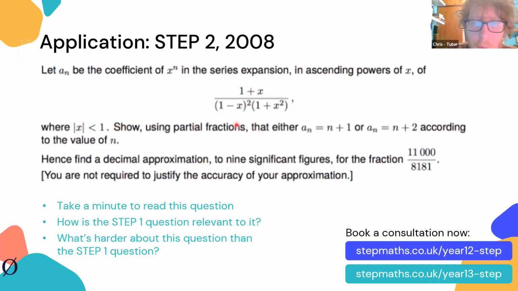We're asked to show using partial fractions that an is always equal to n plus 1 or n plus 2, depending on the value of n. And then we're asked to use that to approximate 11,000 divided by 8,181. This is the whole of the question, by the way. It's a bit shorter than the others.